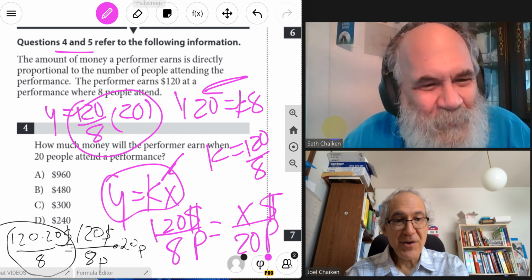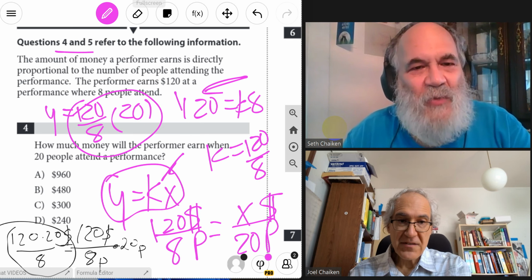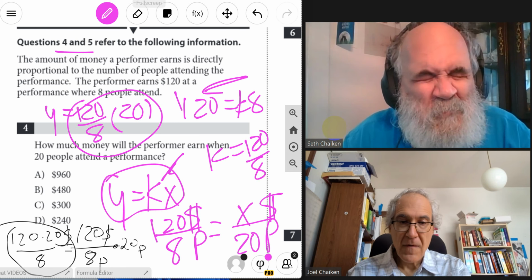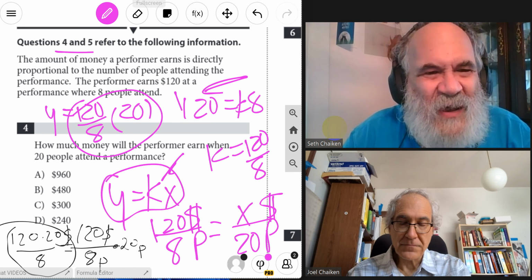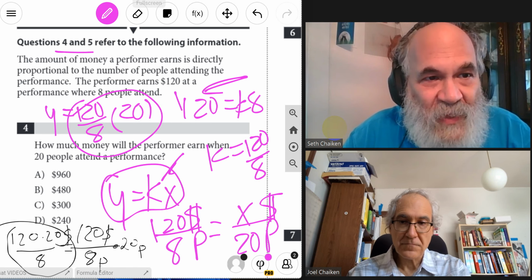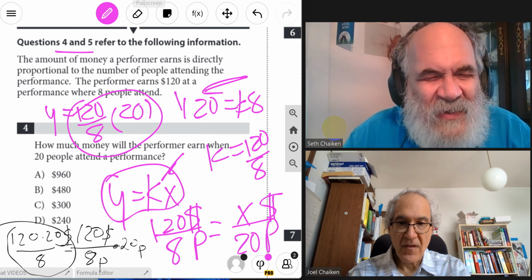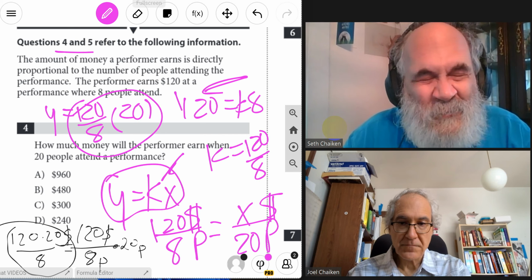That's really good stuff. I think the way you did it is the way most people are going to do it. The way I thought about it, doing it in my head, is that the rate is 120 per 8. The bigger performance is 20 people, so I take 20/8 of 120.